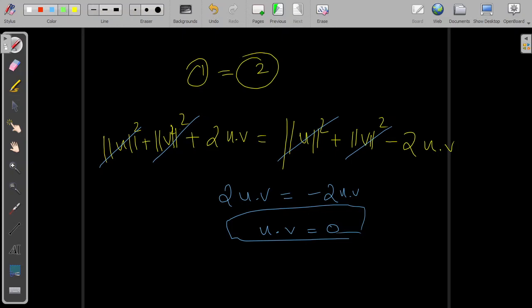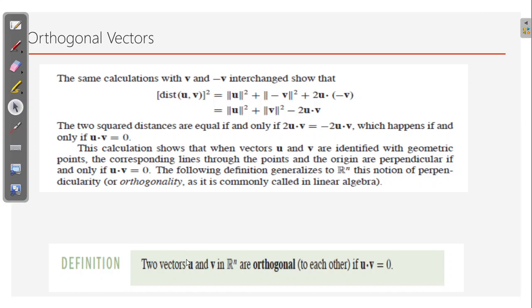So we are concluding that two vectors u and v... Actually, this proof is based on two vectors in R2.